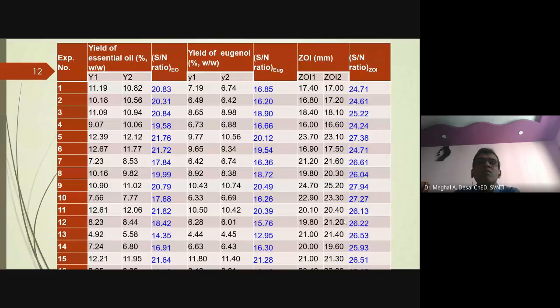That means in all the cases, the higher-the-better case was selected. Higher the better means minus 10 log of 1 by n summation of 1 by y square. That equation was selected to calculate these values.